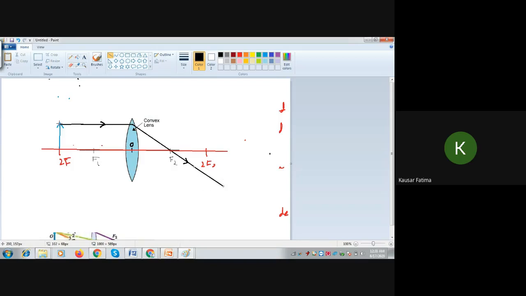The other ray which comes from here will go undeviated. So the image forms exactly at 2f because they are intersecting at this point. My measurements are of course not very accurate, but this is the position where the rays are intersecting.